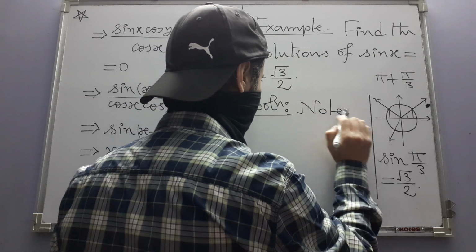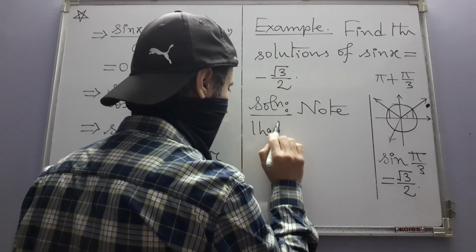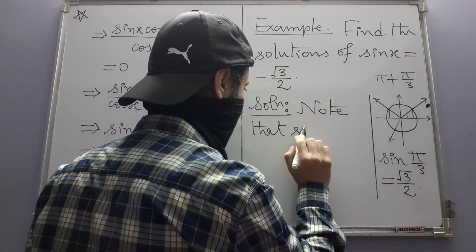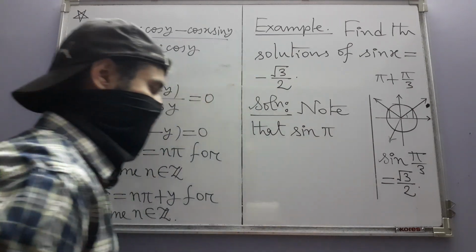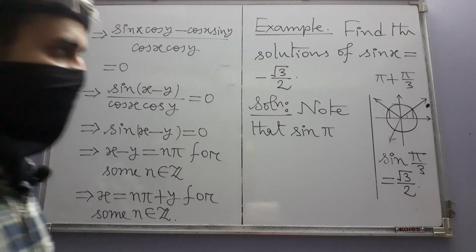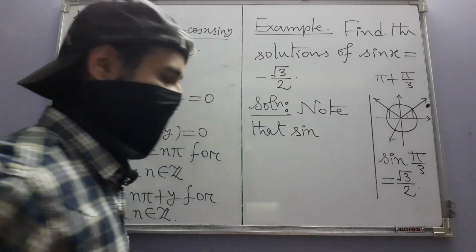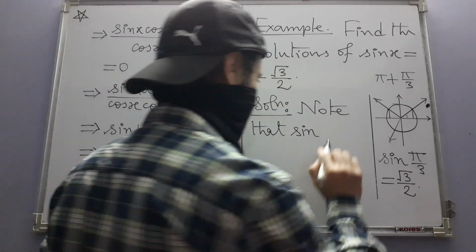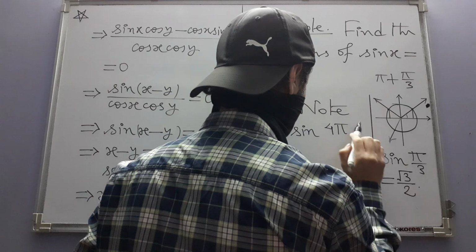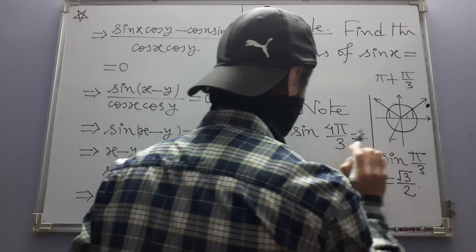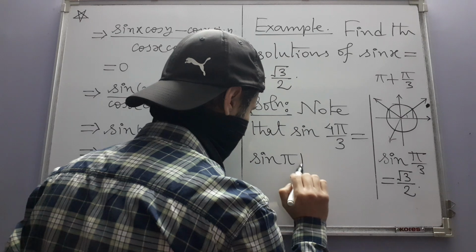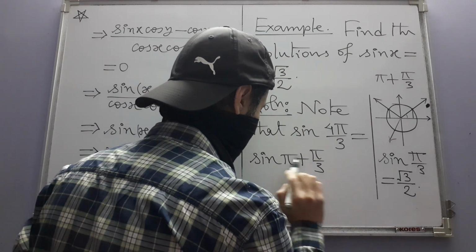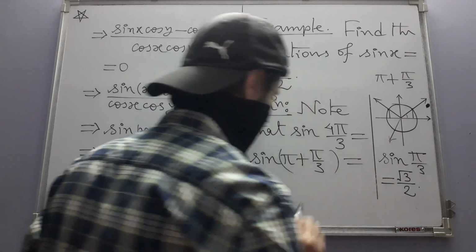Note that sine of, and what is pi plus pi over 3? It's 4 pi over 3. So let me start with that and then I write that as pi plus pi divided by 3.